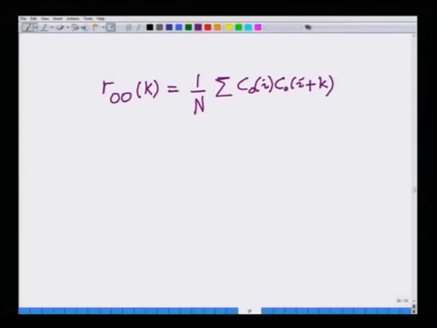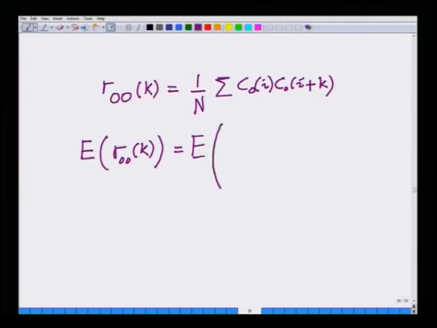Now, if I look at the expected value of R00 of k, it is the expected value of 1 over n summation C0i C0(i+k).